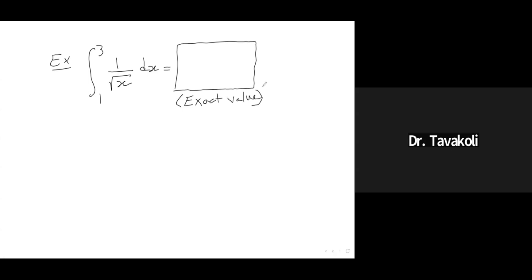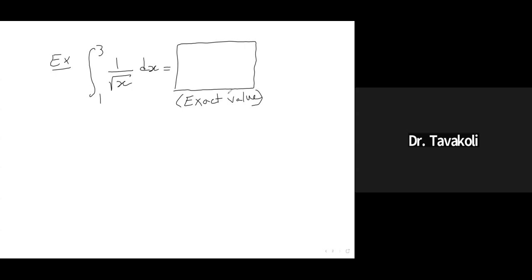What does that mean? It means that if applicable, definitely we need to simplify, but we don't use a calculator to give a decimal approximated value. I need an exact value. For instance, if in my answer I have a radical 2, that radical 2 remains there as an exact answer.